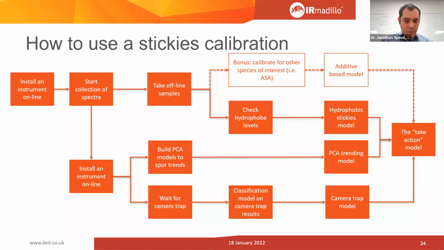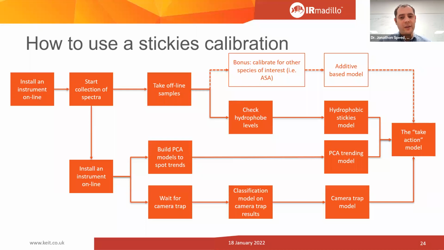The other thing we can do is we can look for these hydrophobe levels. We can take a spectrum and pull out the amount of hydrophobe that's there, in the same way that I did in the slide graph a couple of slides ago, where we look at the amount of hydrophobic molecules. And that is effectively a way of looking for how much stickies are there, because hydrophobes and stickies are very strongly correlated.